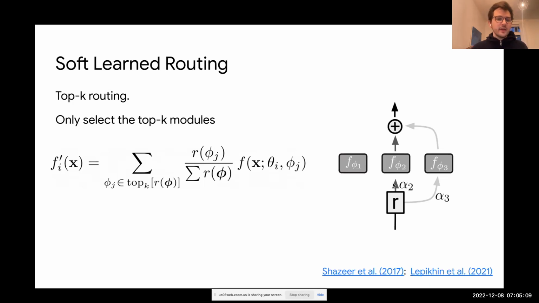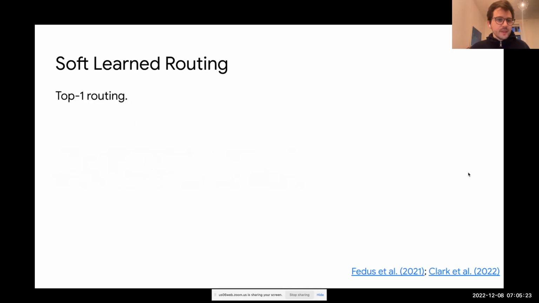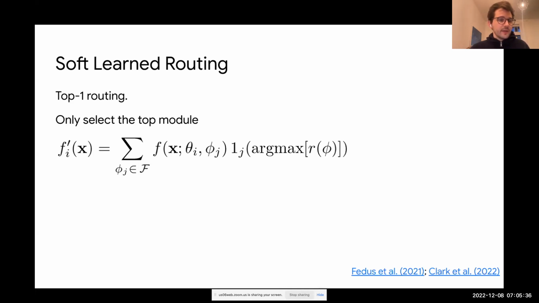So this again decreases the computational overhead, because even though we have this distribution over all modules, we only select a small subset of those. This can be driven to the extreme, for example, in Switch Transformer by Fedus et al., where they only select a single module, so only the top module is selected.